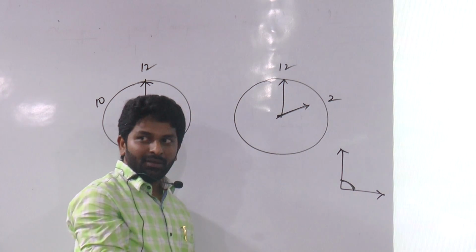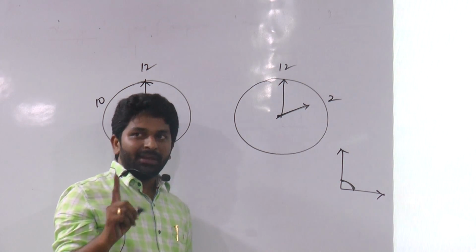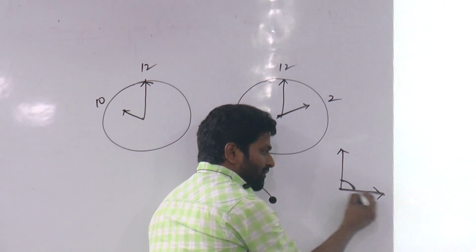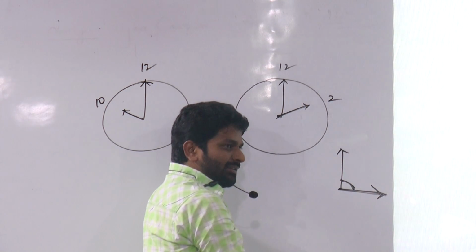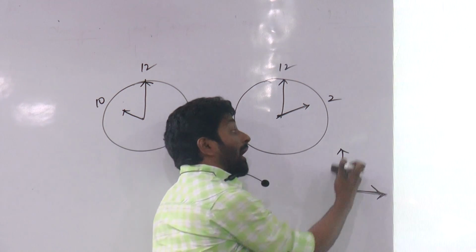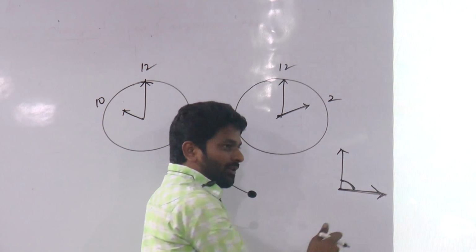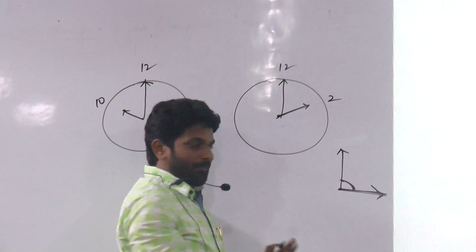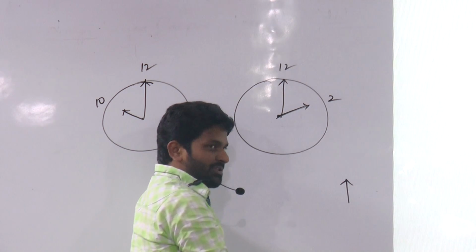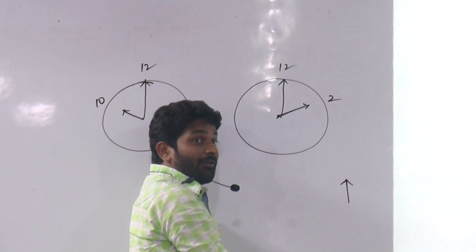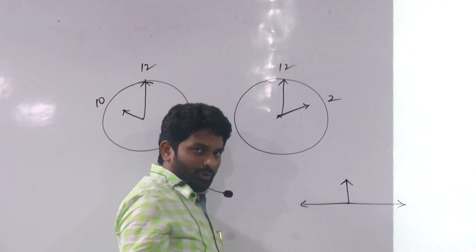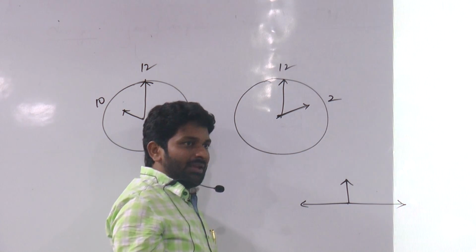In any particular 1 hour period, the hours hand almost shows only one direction, right? So 90 degrees will form on the upper side and bottom side. If your hours hand is at this particular position, for example, you will form 90 degrees to the left side and to the right side. Only 2 times.